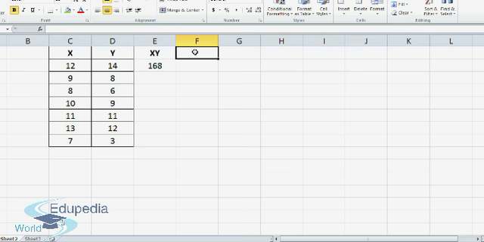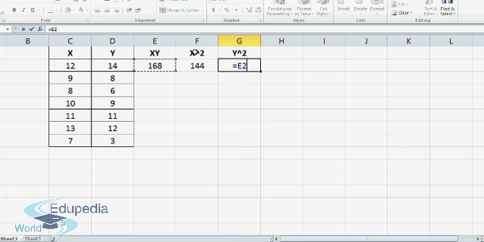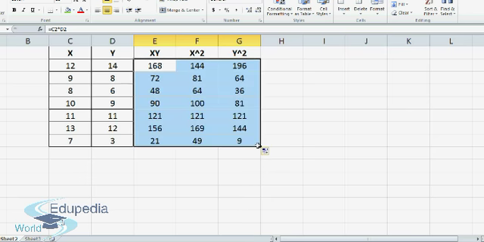We need the square of x raised to power 2, and also we need to find the square of y, which is simply this value raised to power 2, and here it's this value raised to power 2. Dragging it down to all the cells of these three columns, here we have all of these.